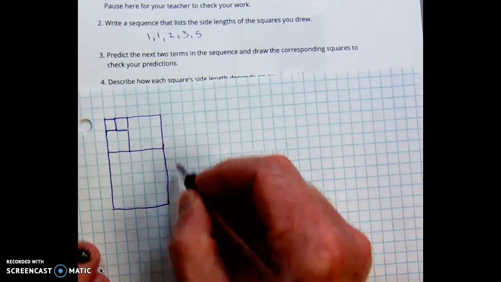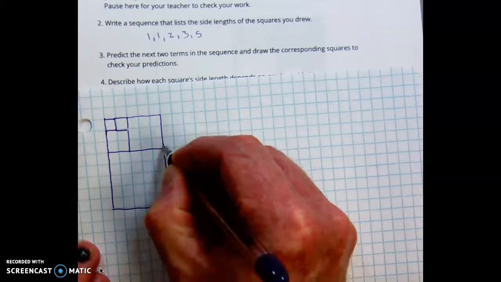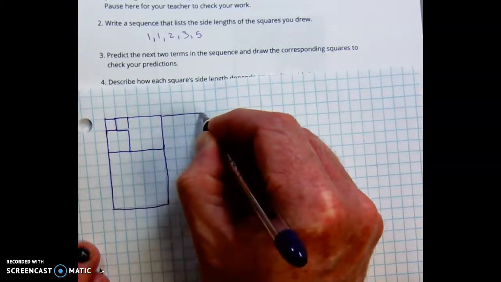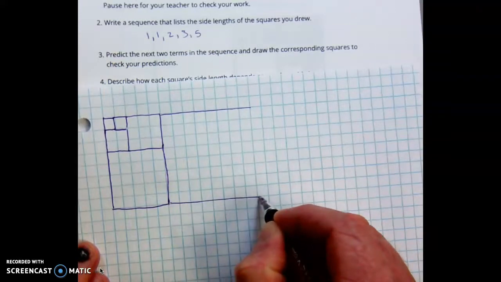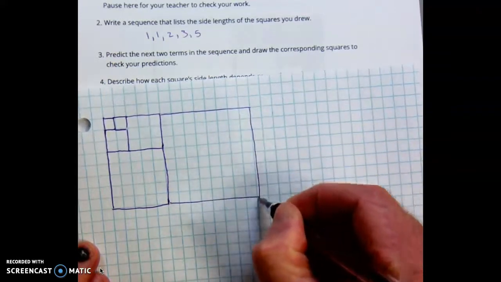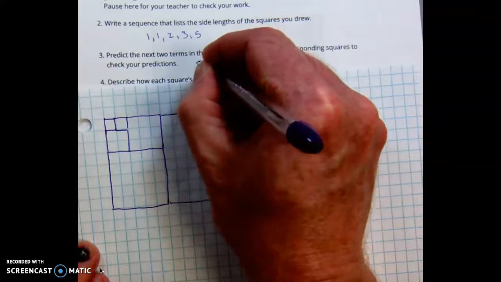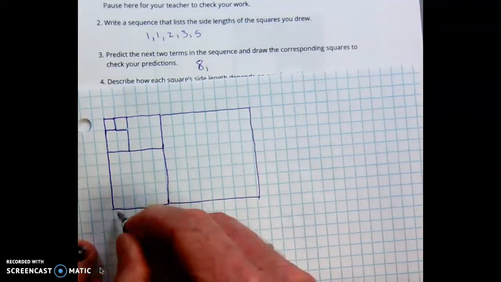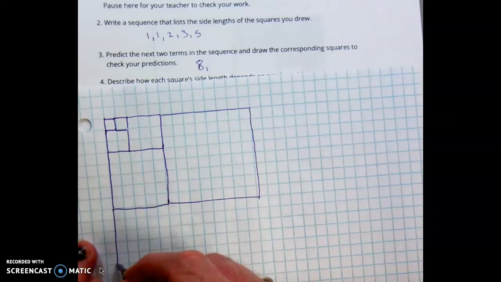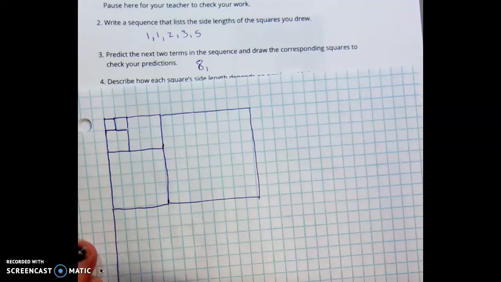Okay, so that means this next one should be, there's 5 and 3 makes 8. So that would be 8. And the next one would be 8 and 5 makes 13.